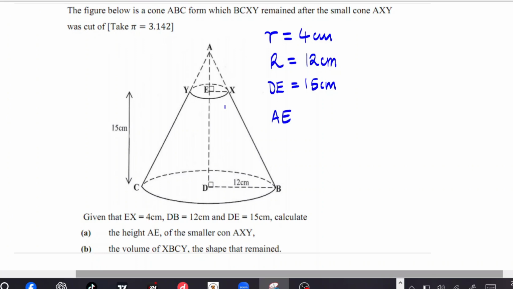So, in short, to move from D to A, you have to move twice: from D to E and then E to A. So we will say DA is equal to DE plus EA.